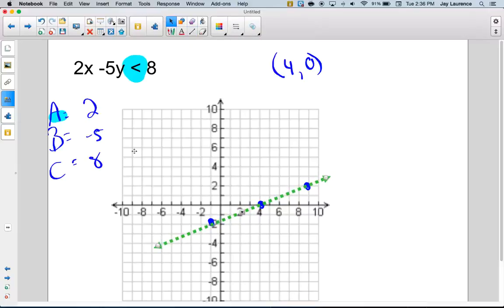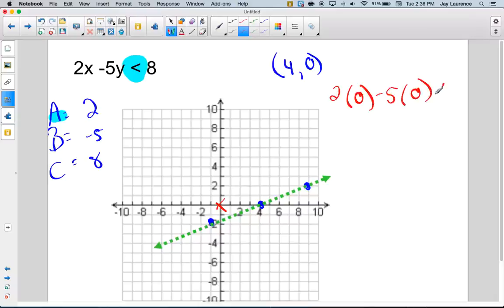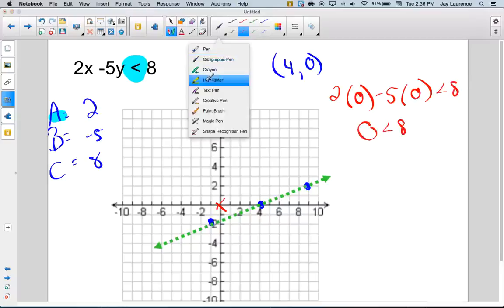And now I want to use my test point. Can I use 0, 0? You better believe it, because the line is not passing through the origin. So I'm going to go 2 times 0 minus 5 times 0. Is that less than 8? And so you're going to get 0 is less than 8, which is true, which means I will shade the origin side.